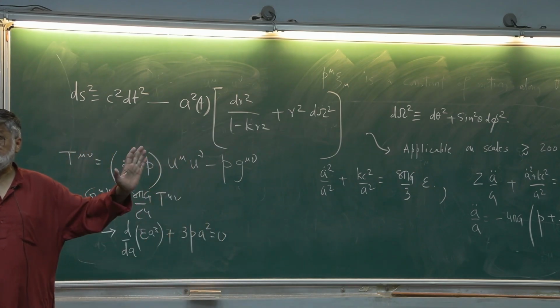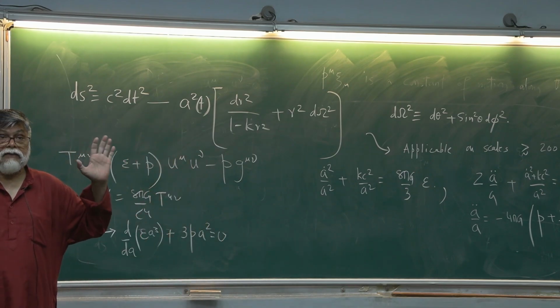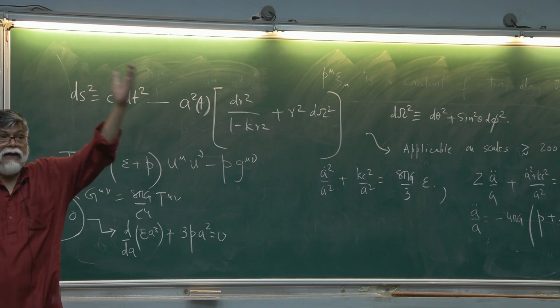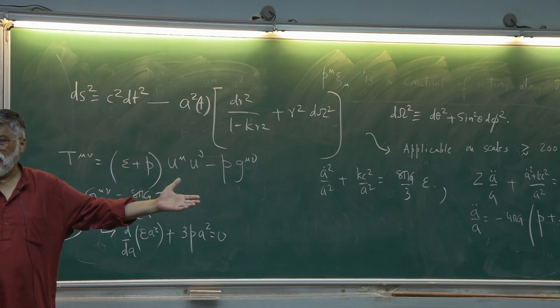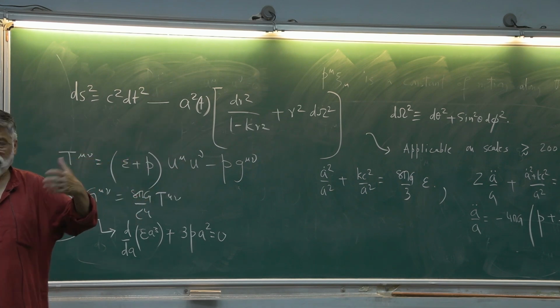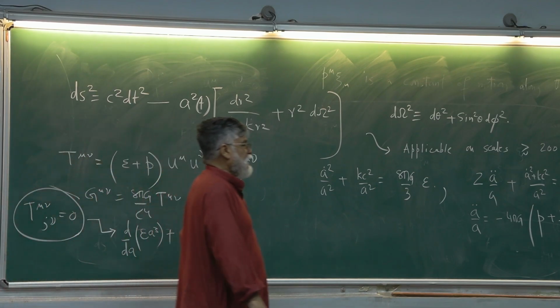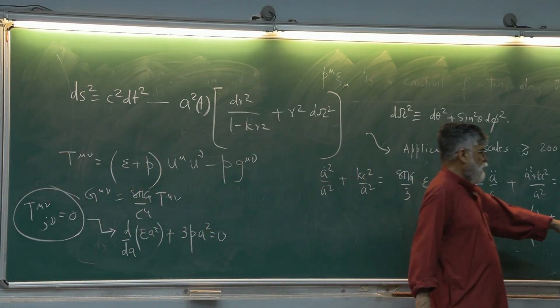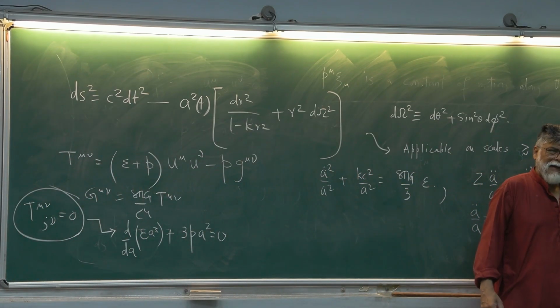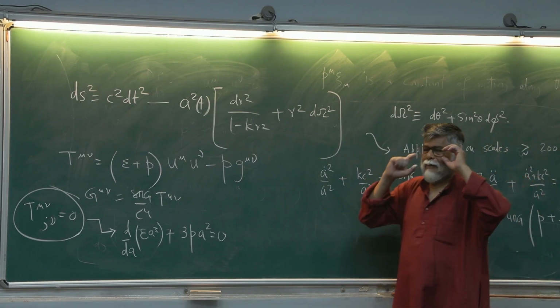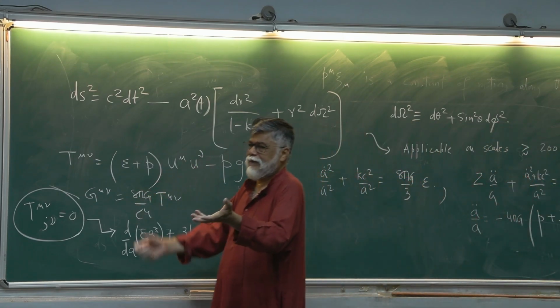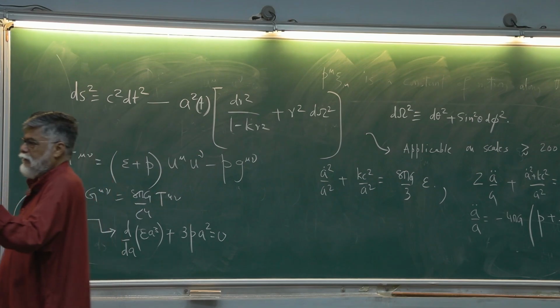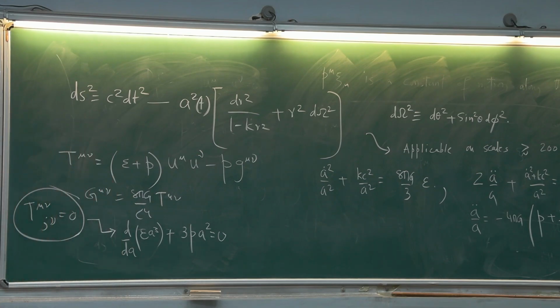This immediately tells us a very deep result. It says for standard matter that we know, including dark matter, pressure is always positive. If pressure is always positive, energy density is always positive. Because even a particle at rest has rest energy mc square, which is positive.